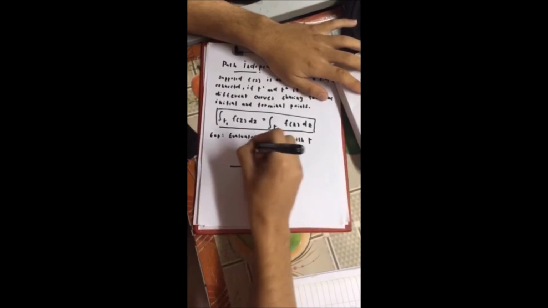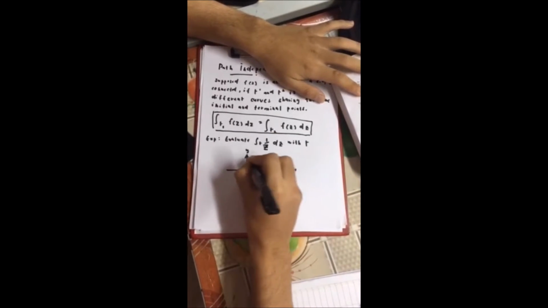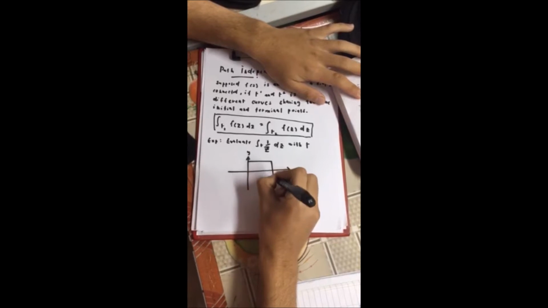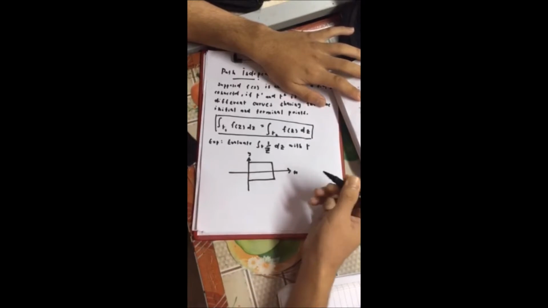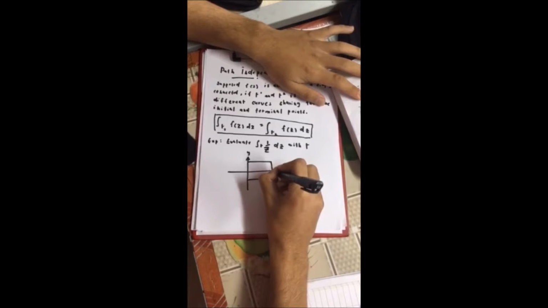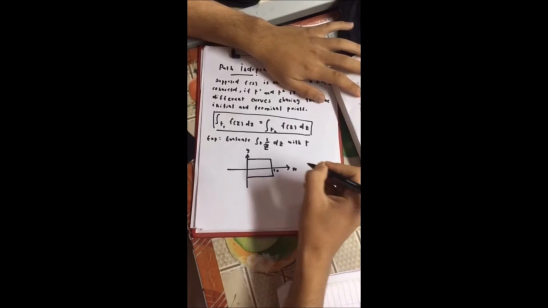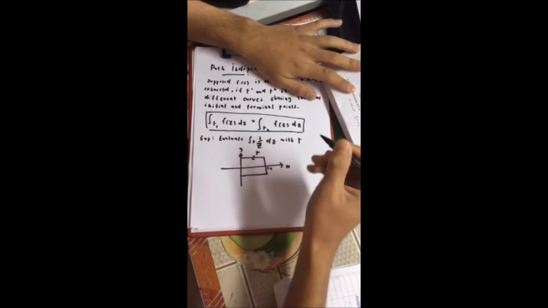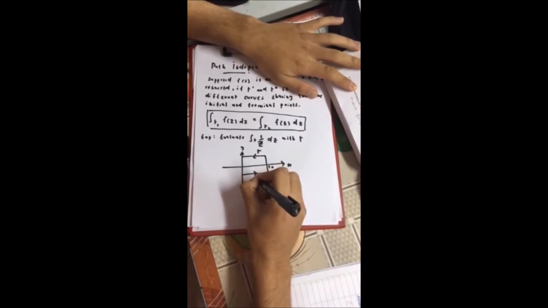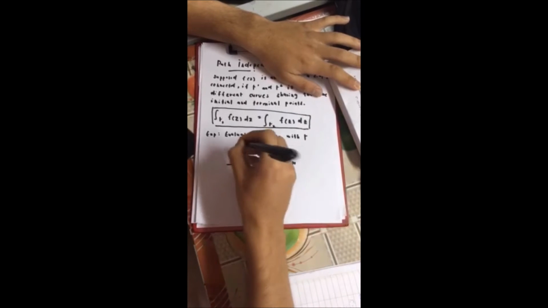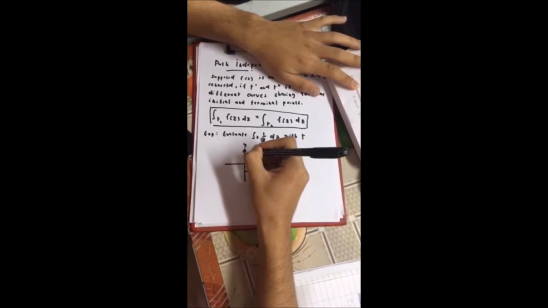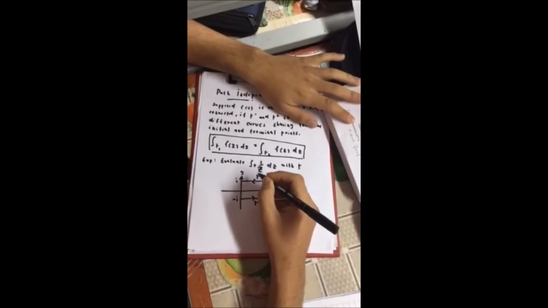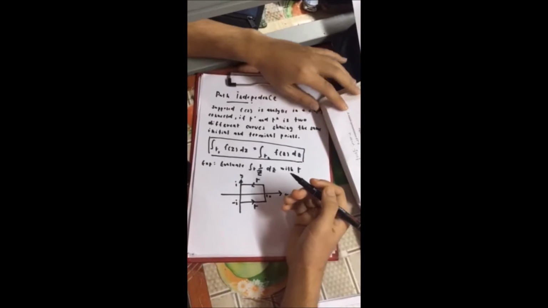This is X, this is Y. It intersects at point 1, 0. This is the R. This is i and this is negative i.